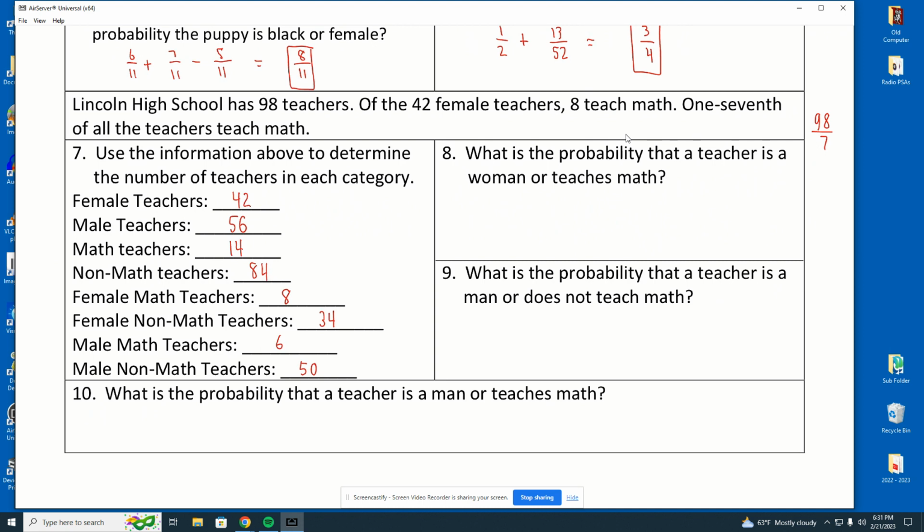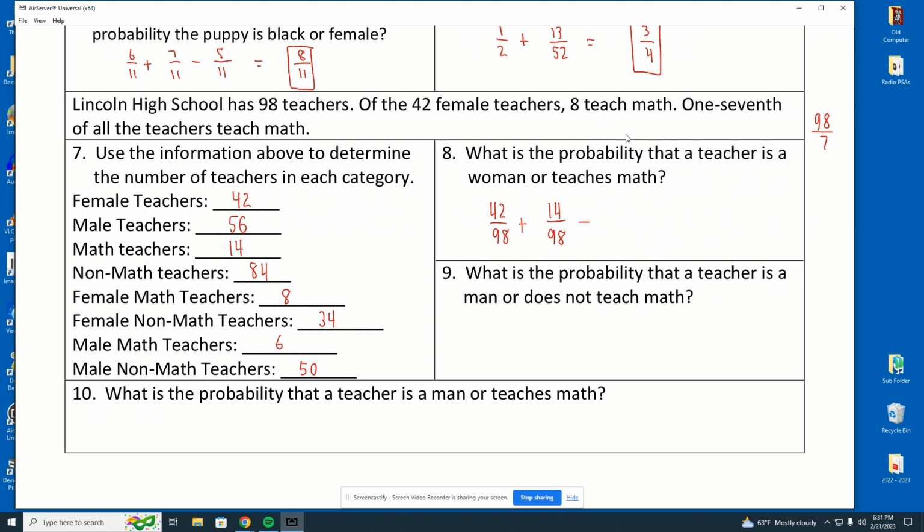So here we go, number 8. What's the probability that a teacher is a woman or teaches math? Okay, let's start with that one. Woman or female is a total of 42 out of 98. Or teaches math. Well, how many math teachers did we say we had? 14 out of 98. Now, did somebody get double counted?